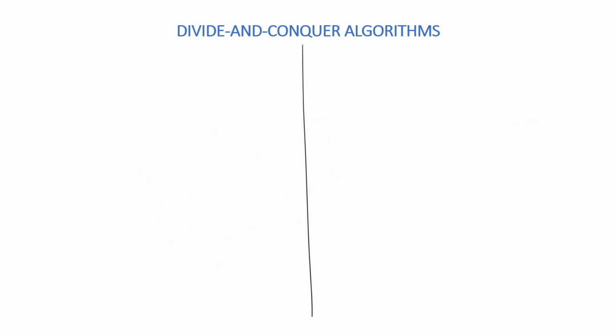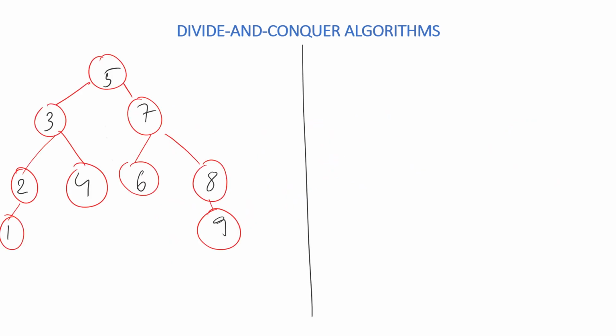I'm just gonna draw these as trees. So this is the ordered list before. This is drawn as a binary tree. As we can see in this binary tree, the left child is always less than root.